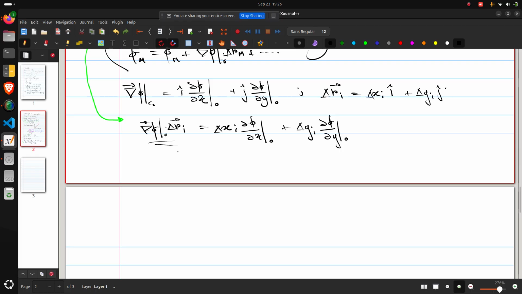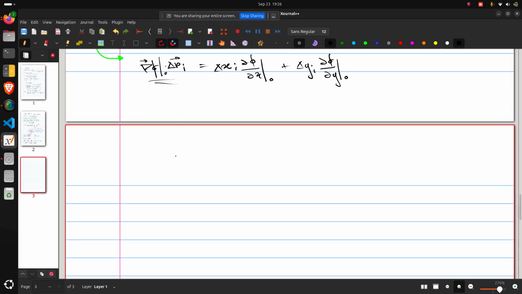Let's simplify it more. We'll denote ∂phi/∂x as phi sub x and ∂phi/∂y as phi sub y. Okay, it just makes our life simpler.